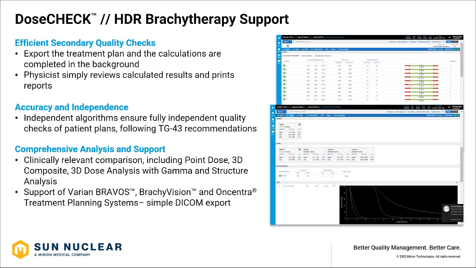The algorithm used for calculation is based on TG43, and we provide a complete 3D dose analysis, in addition to providing you point dose verifications as well. Currently all plans from Varian's BrachyVision as well as Oncentra treatment planning systems are supported. We are working on expanding this to support other HDR planning systems as well.